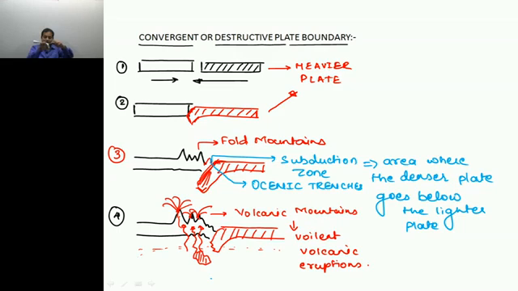As a result of this, the plate further goes below. When it further goes deep inside the mantle, this plate is broken away. After breaking away, there are mountains here. The magma rises up and it blows the top of the mountains violently to form violent volcanic eruptions.